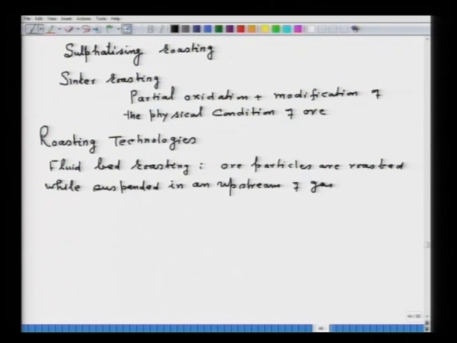Mind you, this mechanism has a very high reaction rate, because the particles are suspended directly in the air and a very high surface area is exposed.